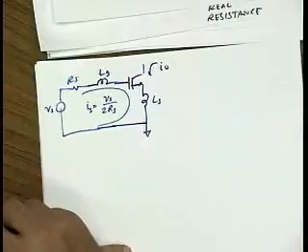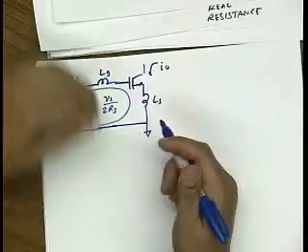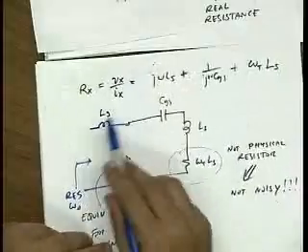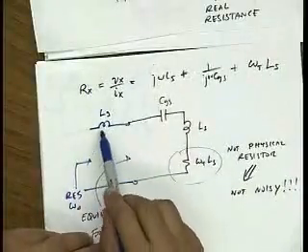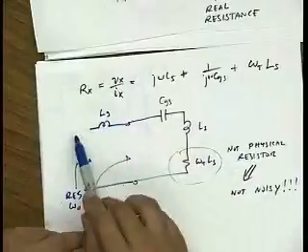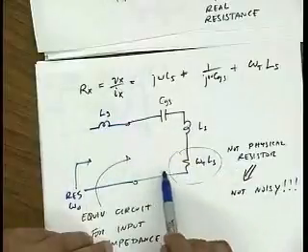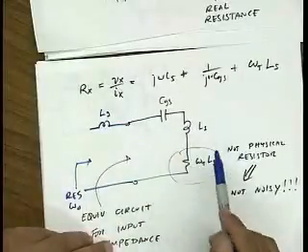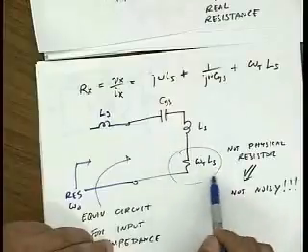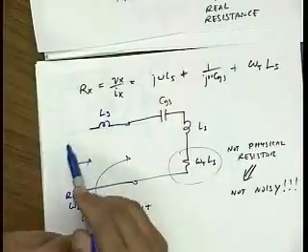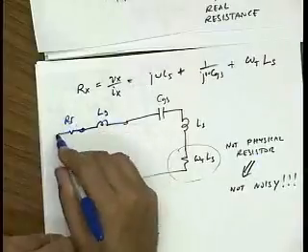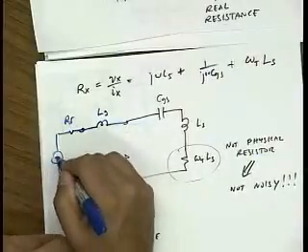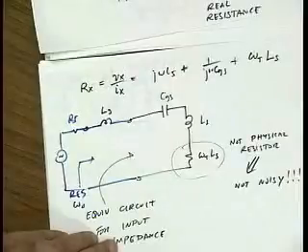So the observation is that this is simply a series resonance circuit. If I hook up a voltage source here, these reactances in series cancel out and all the voltage appears across the real resistance. And the real resistance is this RS, and then the RS of the voltage source.